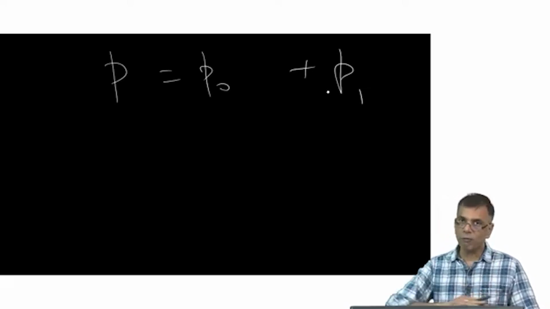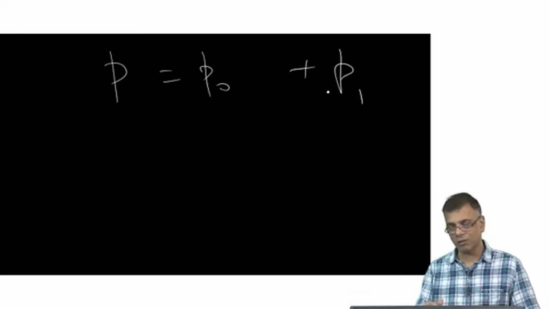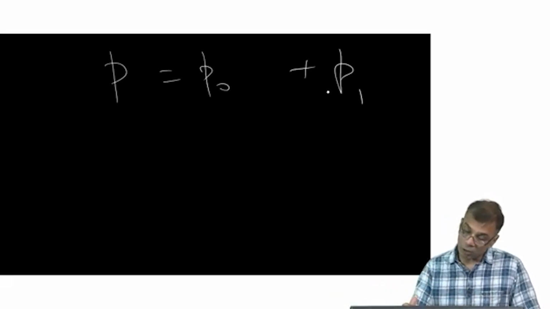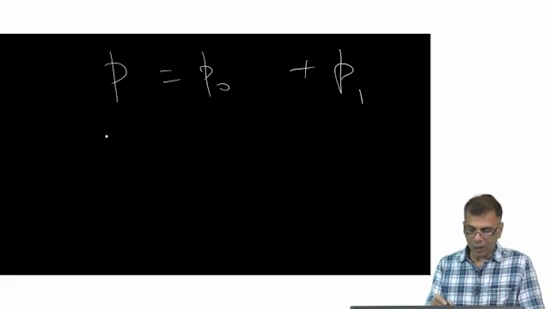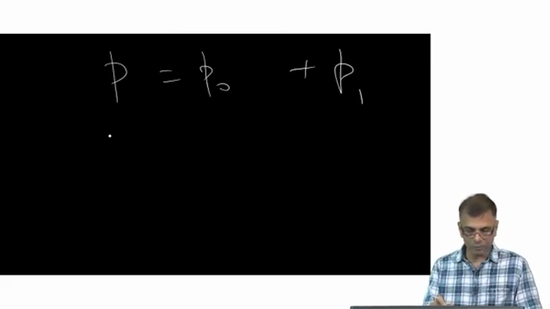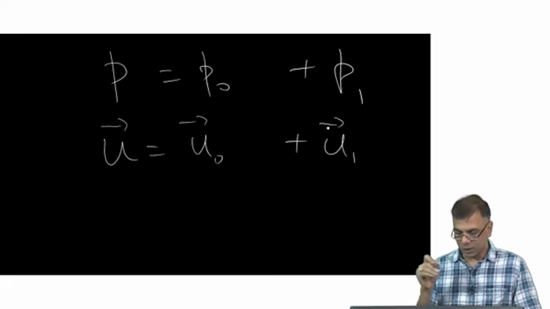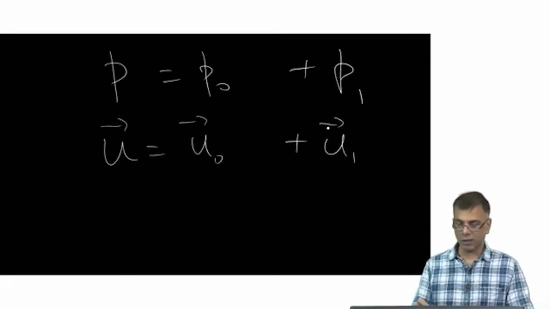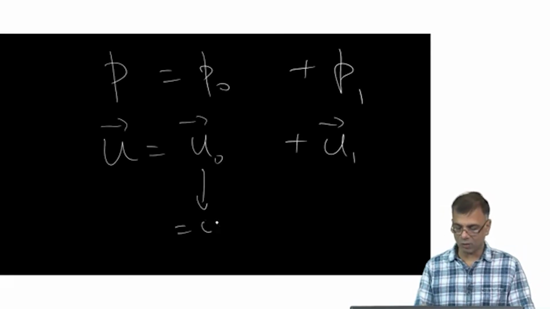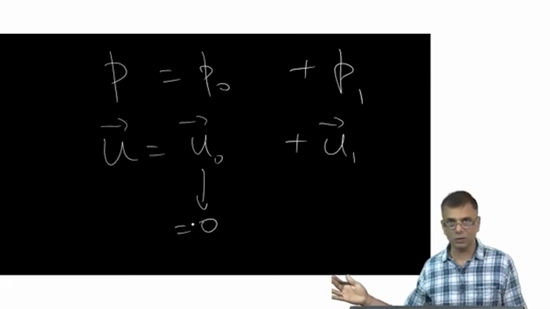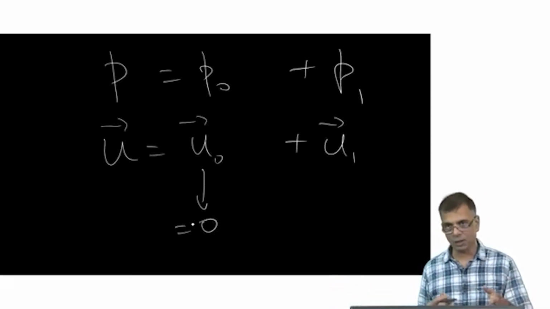It's also uniform in space, so any spatial derivative of p naught is 0. Not so for the perturbed pressure. And the same for the velocity: u is u naught plus u1, except now, without loss of generality, we take u naught to be equal to 0. There's no background velocity. In other words, there's no breeze through the room.